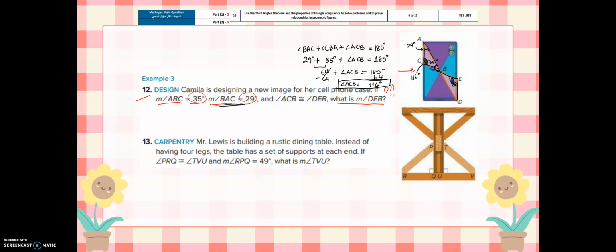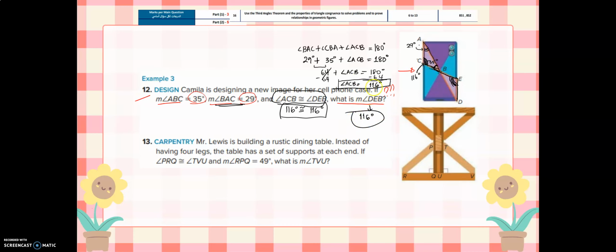And we know that alternate interior angles are congruent. So according to this problem, these two are congruent. So if angle ACB is equal to 116 degrees, that means the measure of angle DEB is also equal to 116 degrees, by the alternate interior angle theorem. So the measure of angle DEB here is 116 degrees.